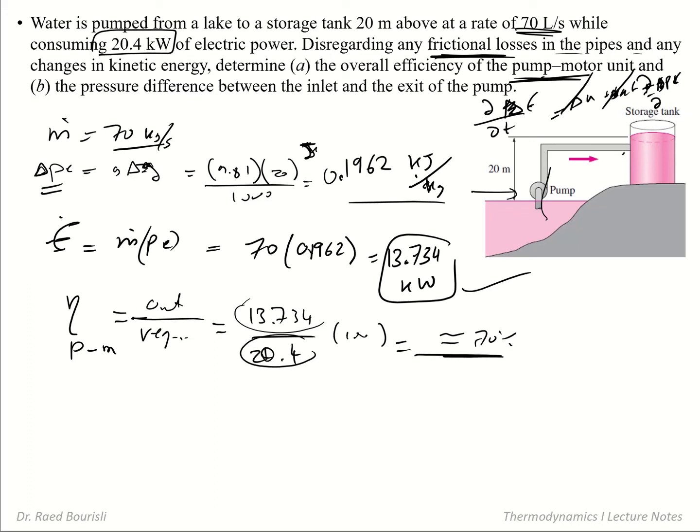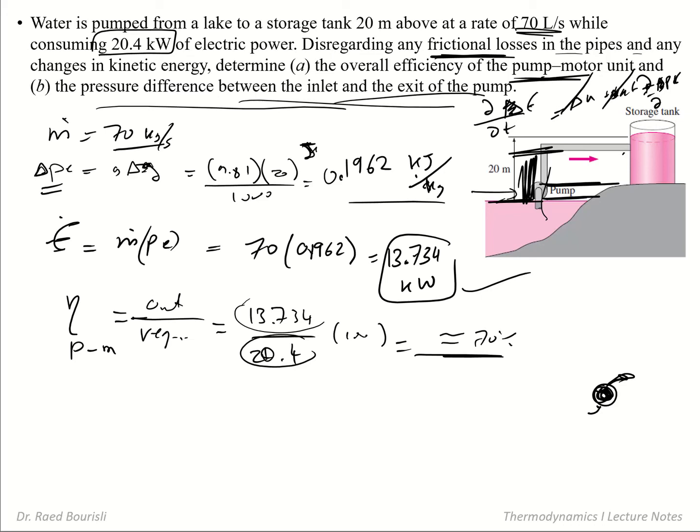So this is part A, and then the pressure difference between the inlet and exit of the pump. How do you do this? Pressure difference is mechanical energy. If you consider the pump, between inlet and exit of the pump, the only difference is the mechanical energy.